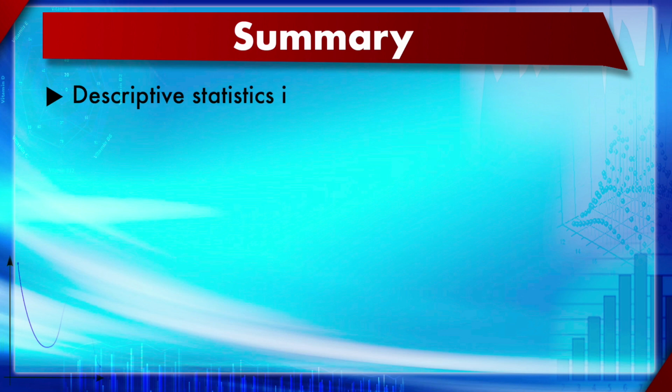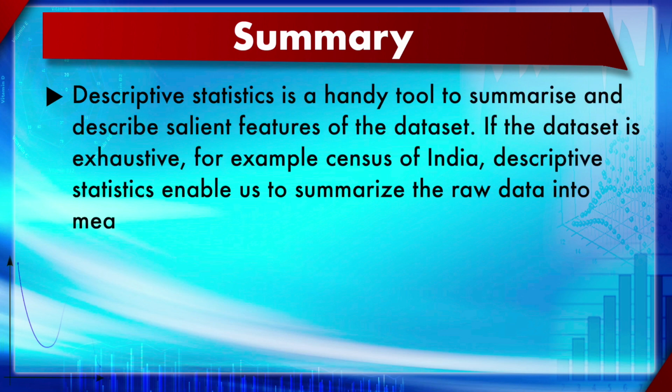So the summary of this section is that descriptive statistics is a handy tool to summarize and describe salient features of the data set. If the data set is exhaustive, for example, Census of India, descriptive statistics enables us to summarize the raw data into meaningful numbers. But as I told you, probably the best option rather than going for descriptive statistics just to summarize the data set is going for a box and whisker plot.